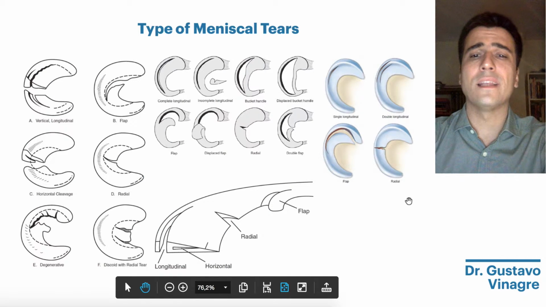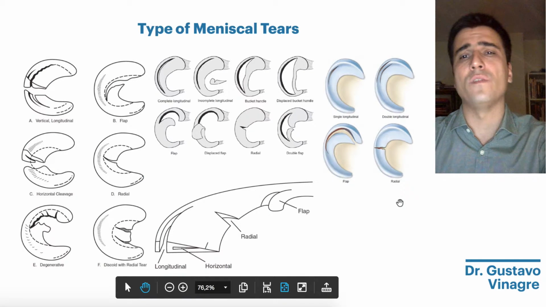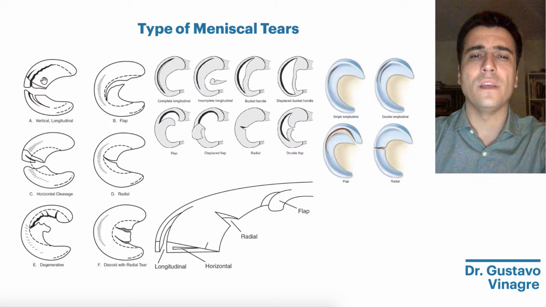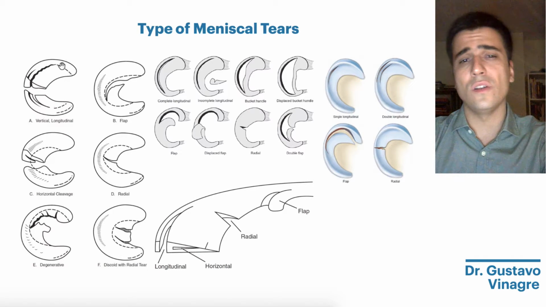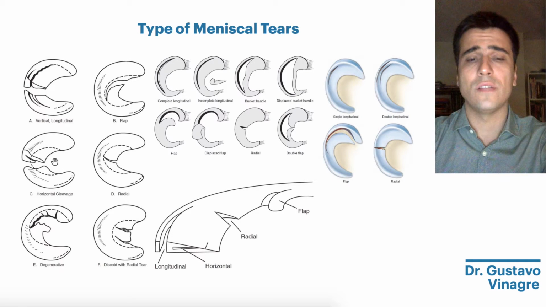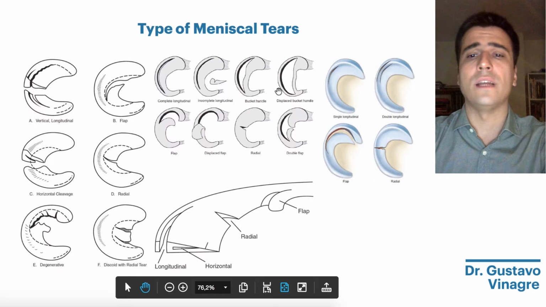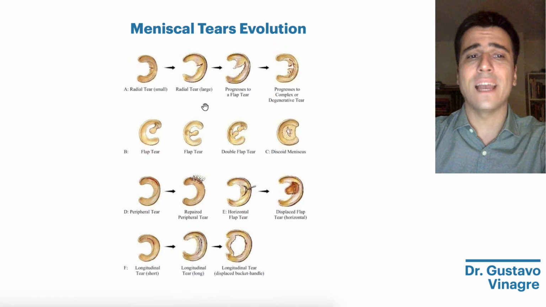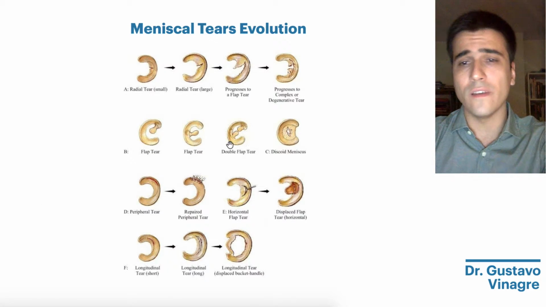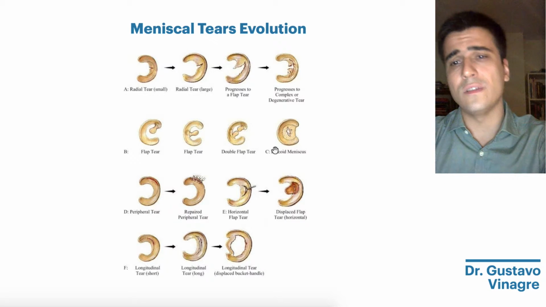So there can be different types of meniscal tears. There can be a vertical longitudinal tear. It can be a horizontal tear, and there can be a bucket handle tear. And that kind of tears can evolve into different types of tears.